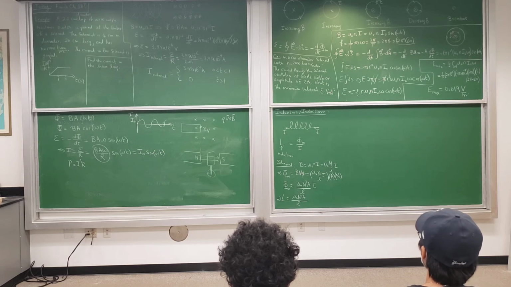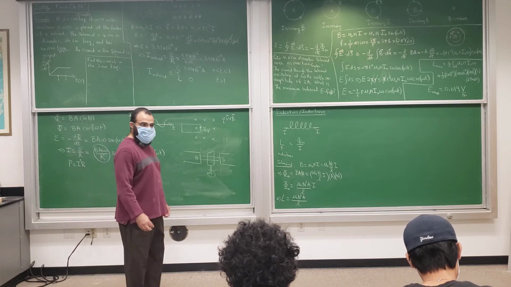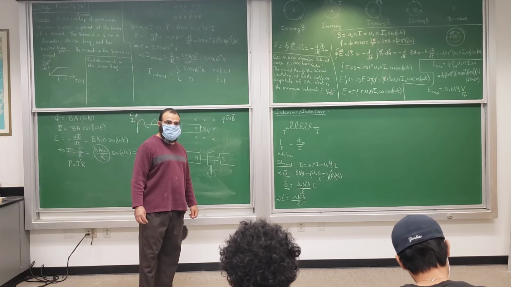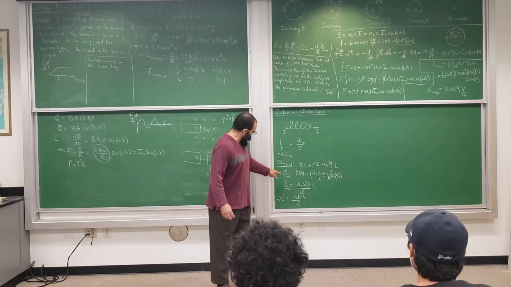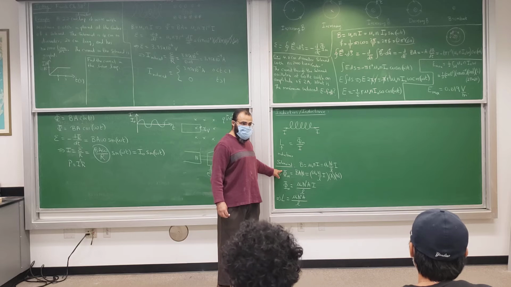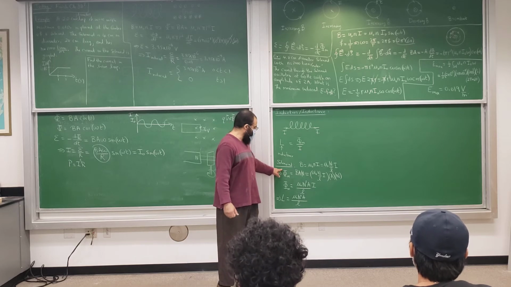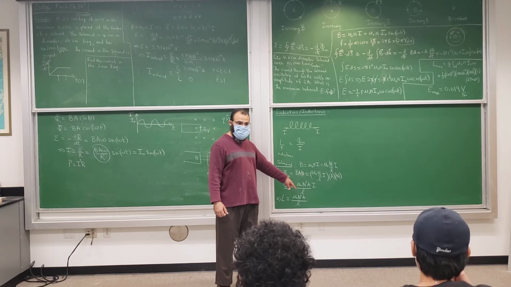What's the unit for this? It's called the Henry. The unit for inductance is called the Henry, but we know what it is. It's the magnetic flux, so it's Tesla meters squared. Magnetic flux is magnetic field times the area, so Tesla meters squared divided by amperes, which is the current.